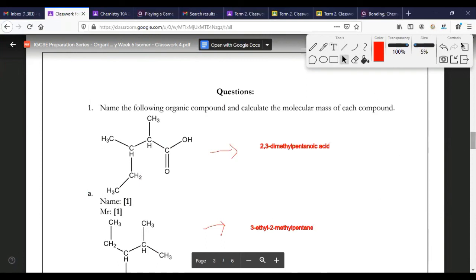How do you know it's 2,3 rather than separate numbers? Okay, good question. Why do we write 2,3? Because you got the same branch, the same, the same.